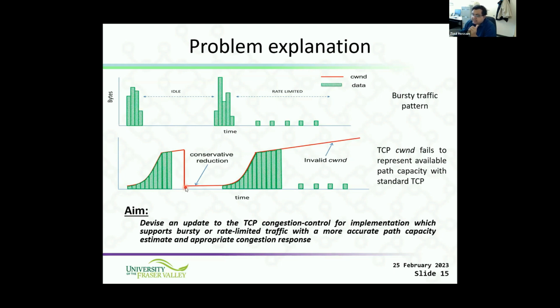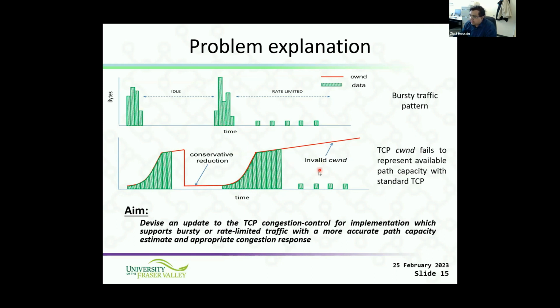But the problem is the next time you are trying to send data, the data is received in a very short period of time, but because of the low congestion window value, we needed a long time to send that burst. Since we reduce the congestion window to a low value, it is taking a lot of time.